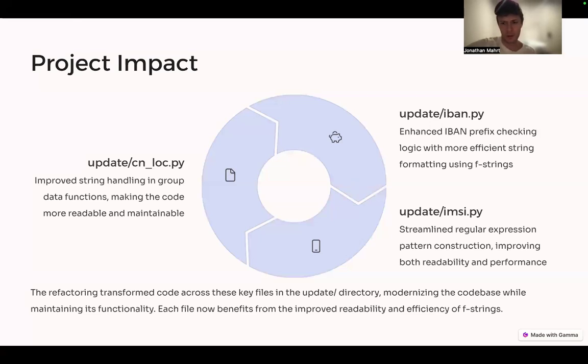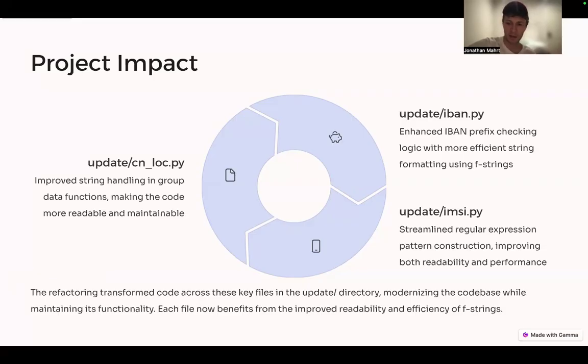This refactoring project really transformed the code base, and it had impact upon three key files. The first improved string handling and grouped data functions, making the code more readable and maintainable.